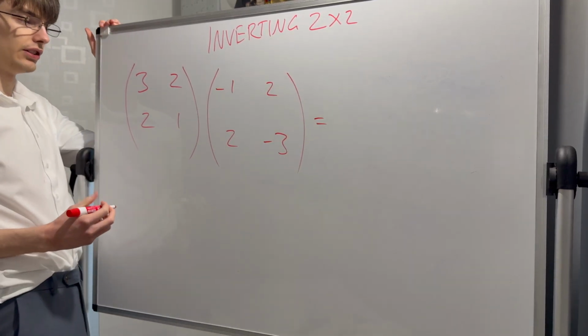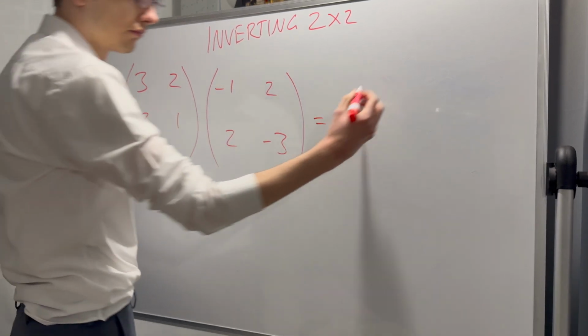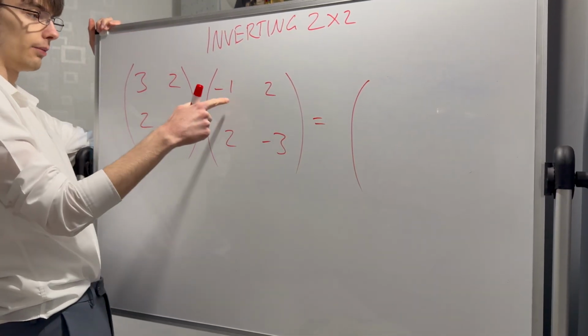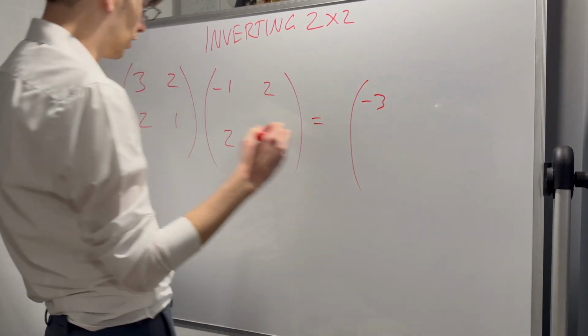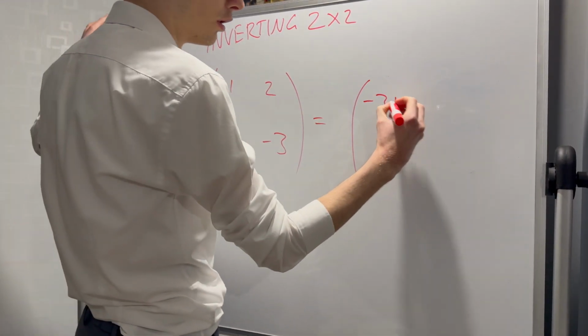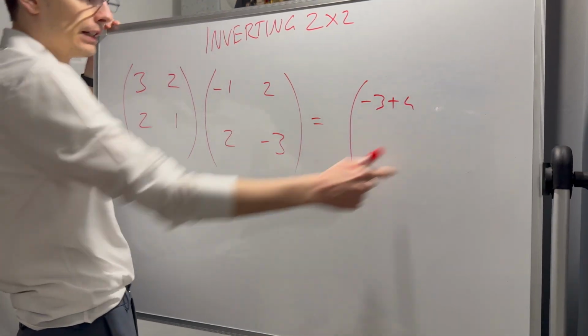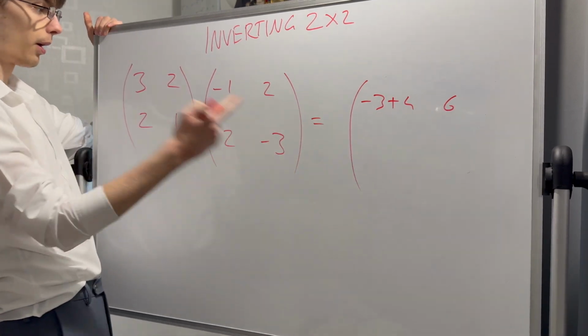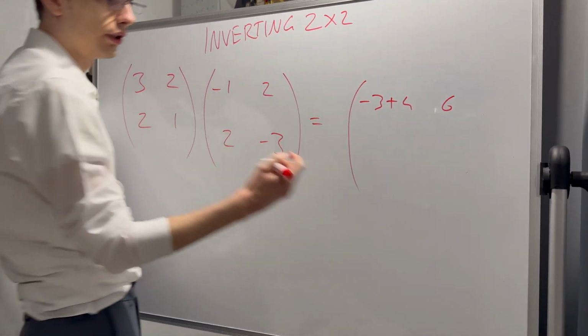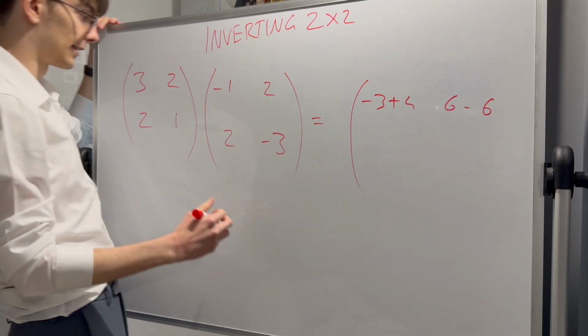If I multiply these two together, let's do it. We should have 3 times minus 1, which is minus 3, plus 2 times 2, which is 4. And in the top right, we will have 3 times 2, which is 6, plus 2 times minus 3, which is minus 6.